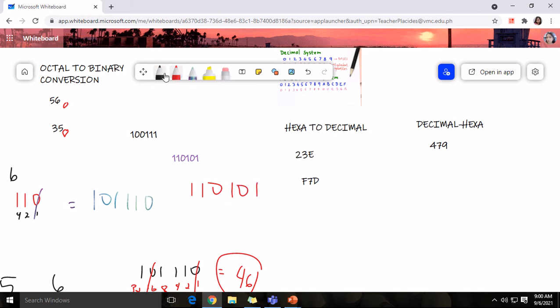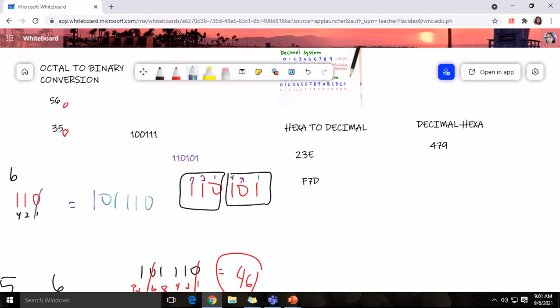So all you have to do is divide by 3. I mean, you have to split it into groups. This one for this, and this one for this. So don't forget the value of each binary: 1, 2, 4, 1, 2, 4.